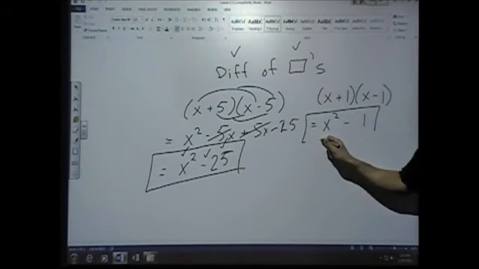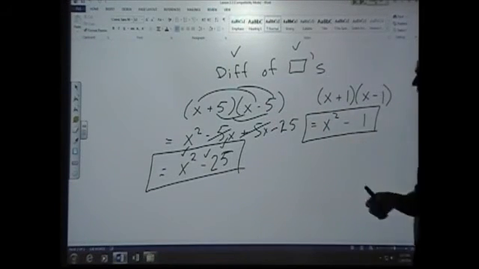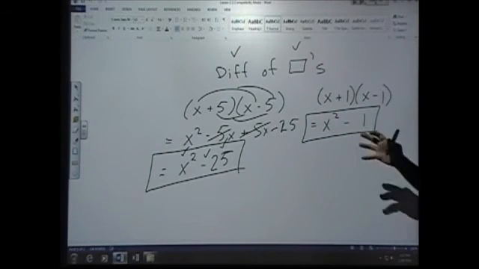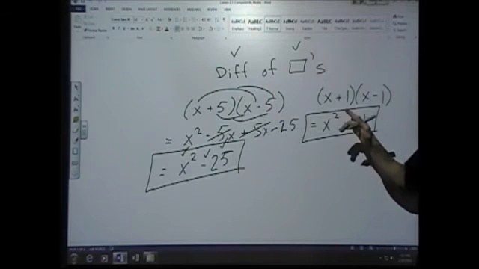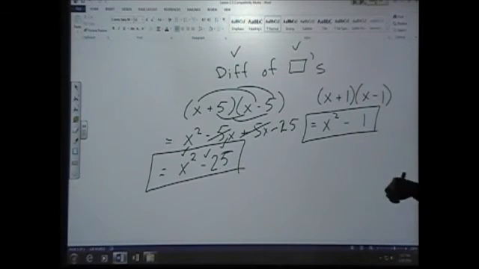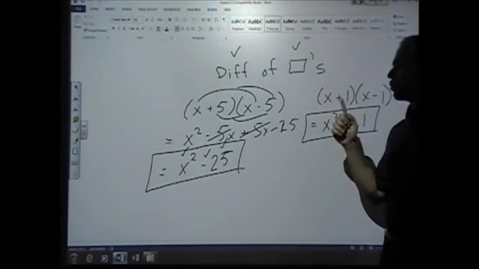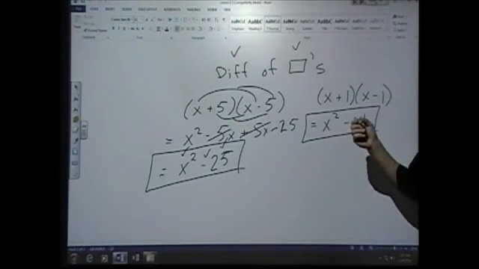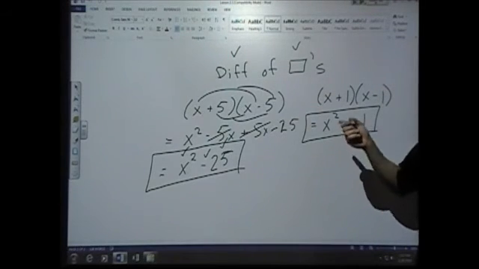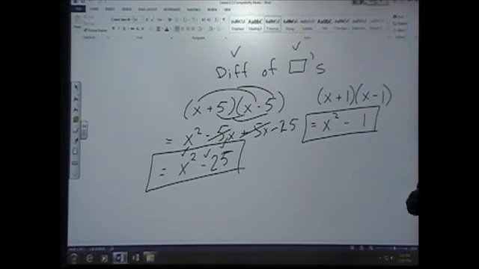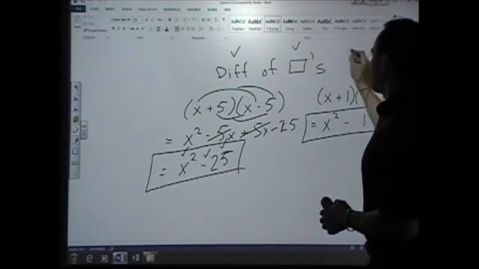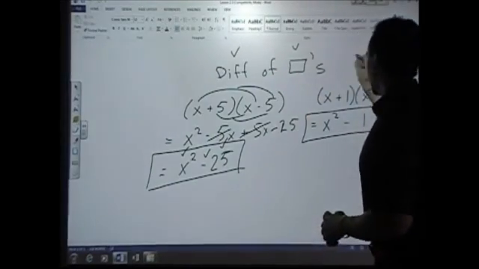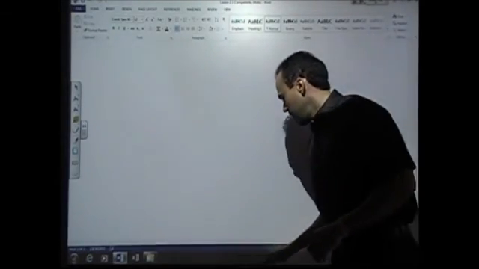Because the middle term will be one negative 1x, one positive 1x, and they'll cancel out. Again, it always ends up in a difference of squares. This is a sum and difference: two brackets that look the same, except one has a plus, one has a minus. If you ever see a difference of squares, it came from two brackets that are the same, except one's a plus, one's a minus. So with that in mind, let's take a look at question A and B.